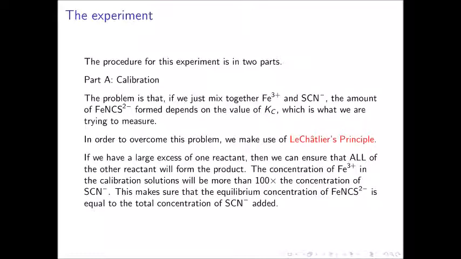The concentration of the iron 3+ ion in the calibration solutions will be more than 100 times the concentration of the thiocyanate ion. This makes sure that the equilibrium concentration of the complex is equal to the total concentration of the thiocyanate that we added.